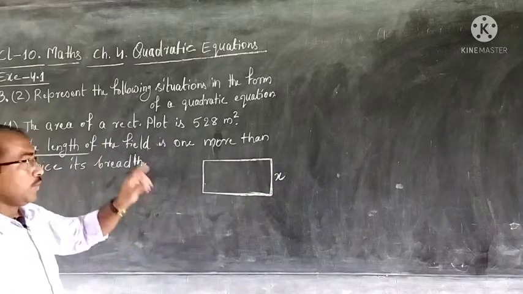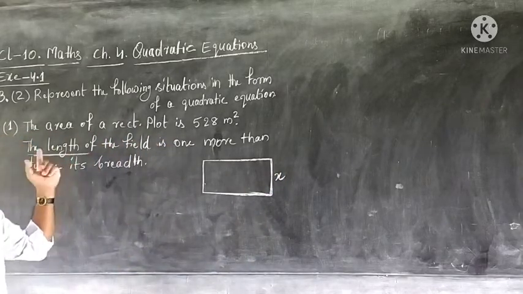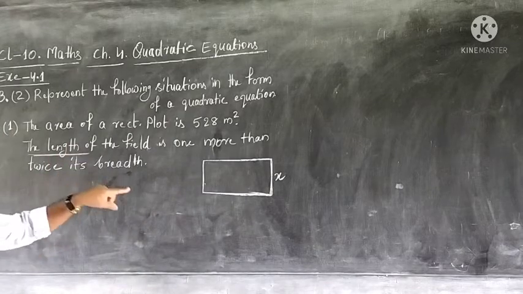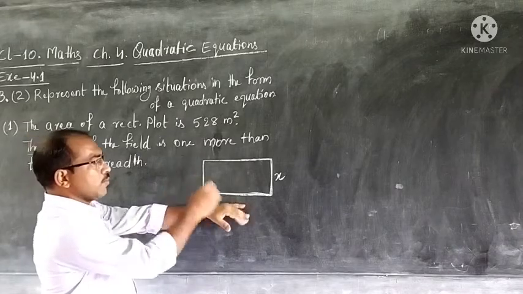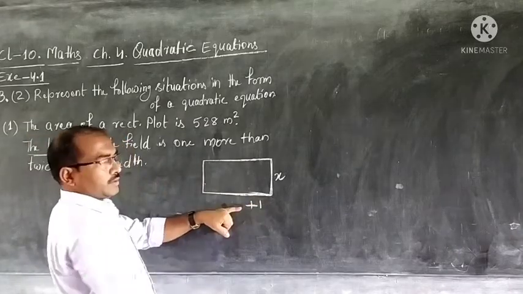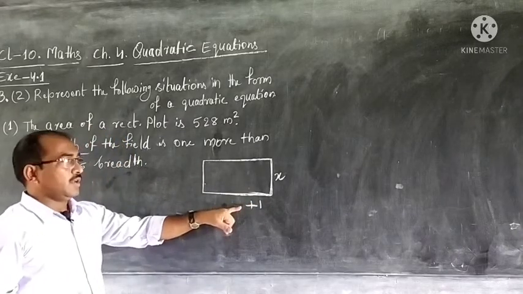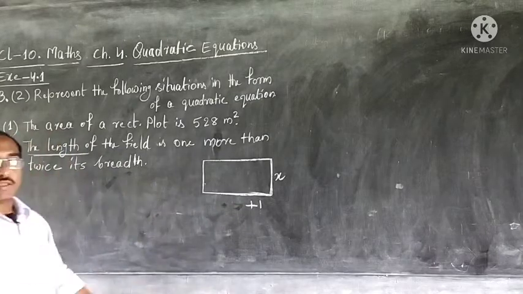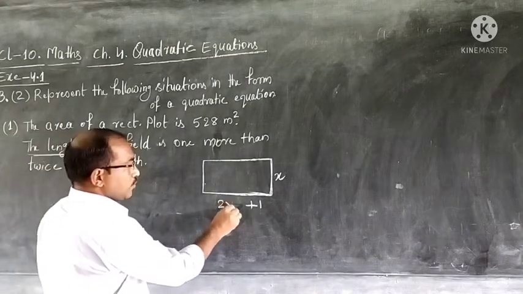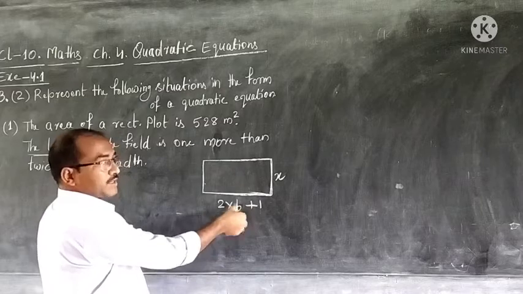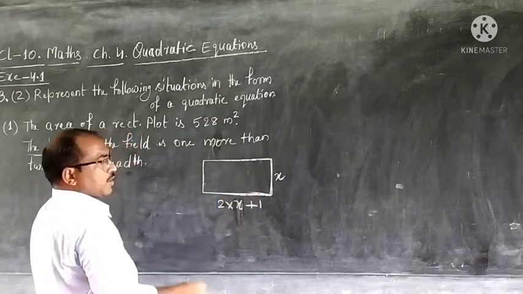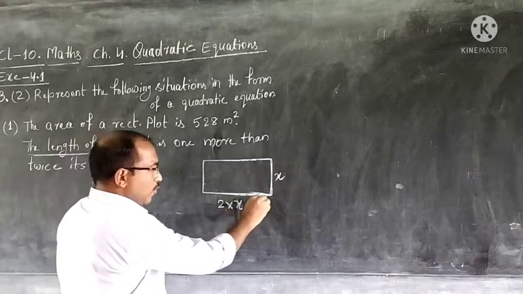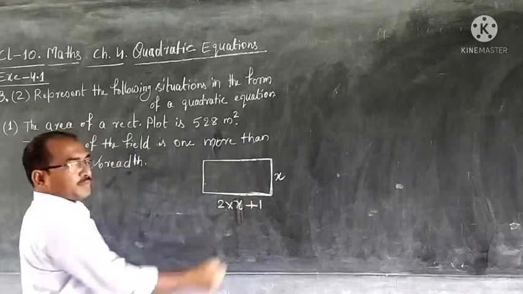And then we use the relationship given for the length. Length is 1 more, and 1 more means plus 1. 1 more than what? Twice its breadth, 2 into b. B is breadth, and we have assumed the breadth to be x. So, length is 1 more than twice its breadth.